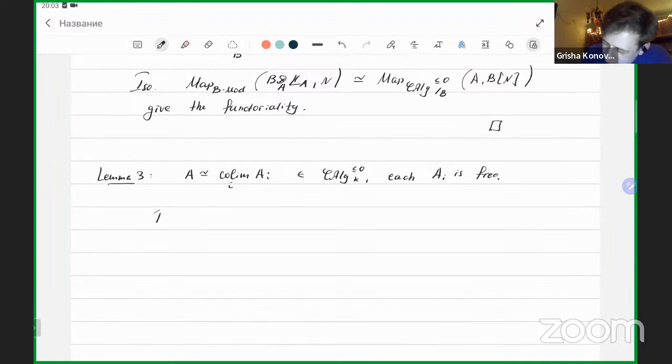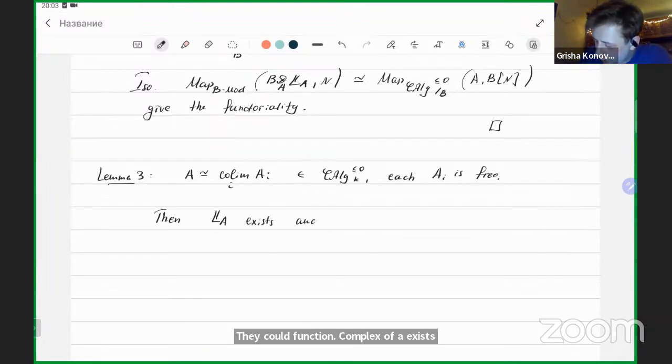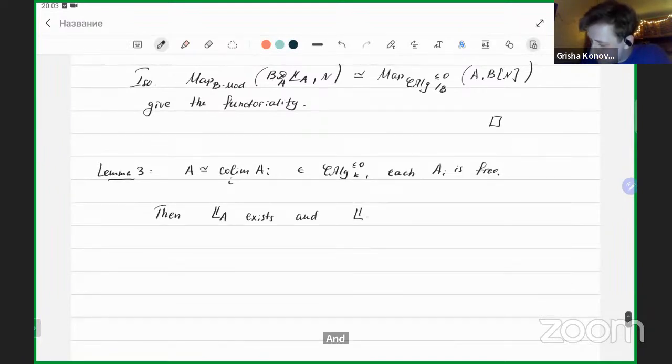Then the cotangent complex of A exists, and it is given by this co-limit.